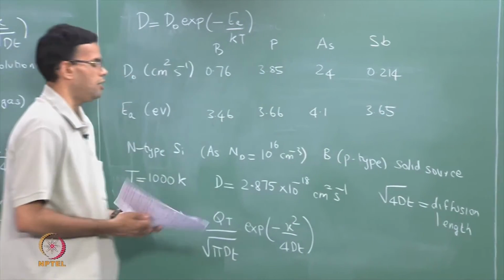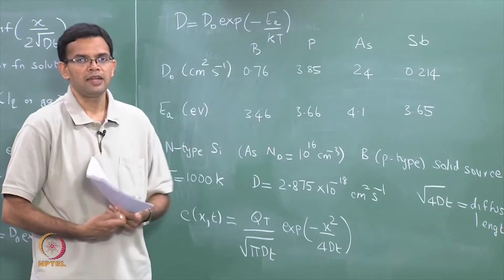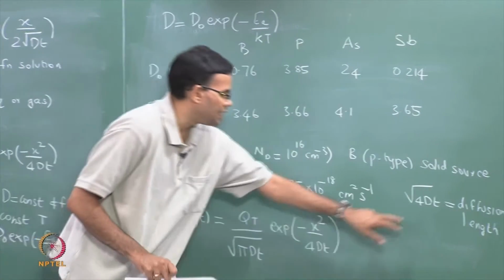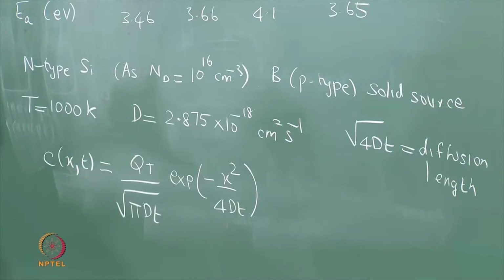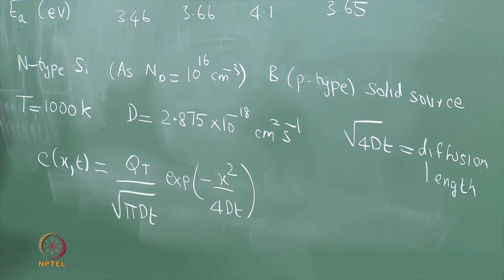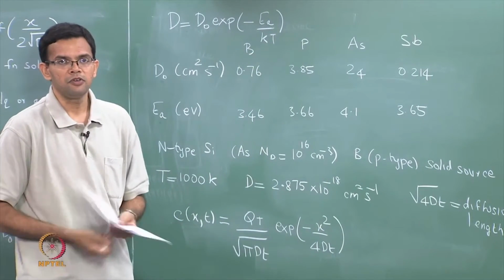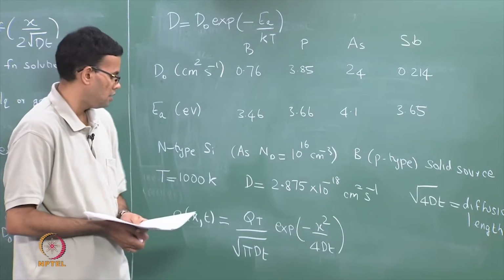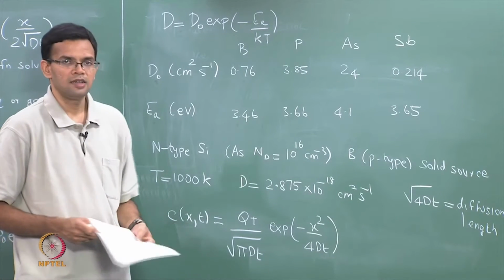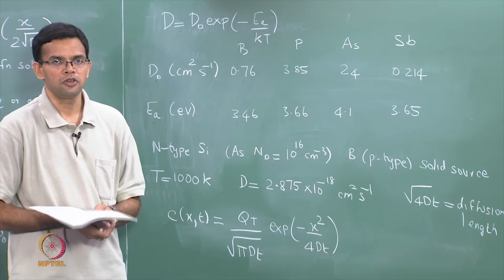It is an estimate of how far the dopant atoms have moved within a given time t. The higher the temperature, the higher the diffusion coefficient D, and correspondingly the diffusion length will also be higher. So in this particular case, let me take a constant value for Qt.